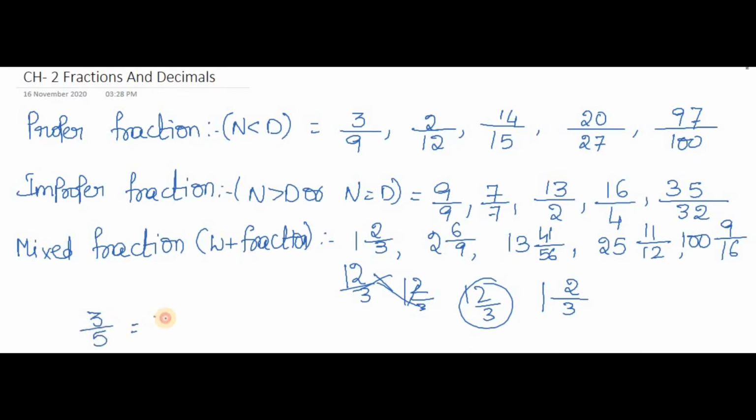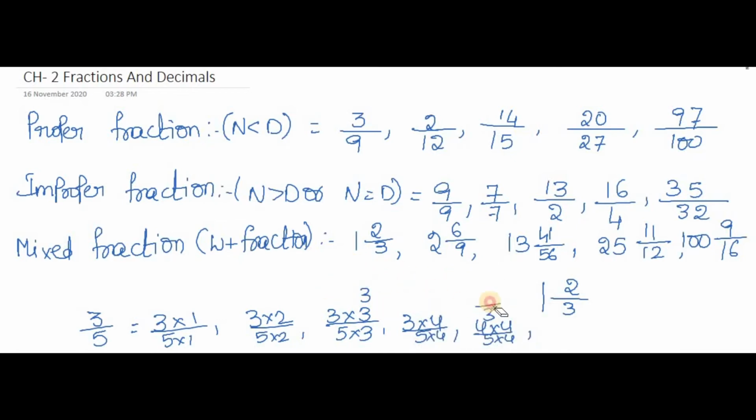So for 3 by 5, 3 ones are, 5 ones are, that is already given here, and 3 twos are, 5 twos are, 3 threes are, 5 threes are, 3 fours are, 5 fours are, sorry, 3 fives are, I have written wrong here, one second. 3 fives are, 5 fives are, and 3 sixes are, 5 sixes are.